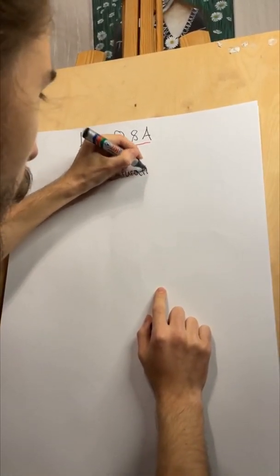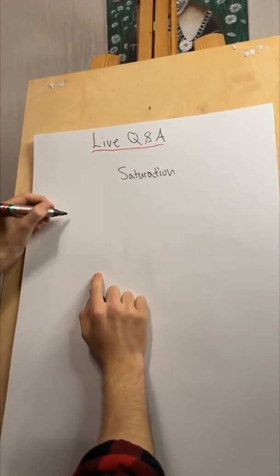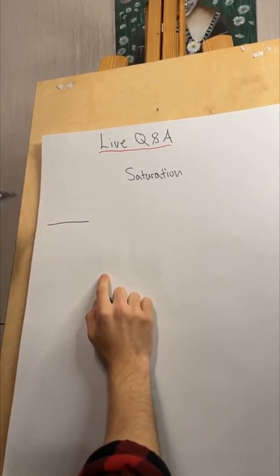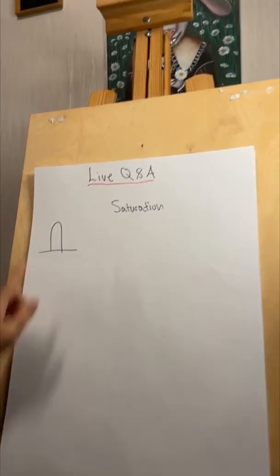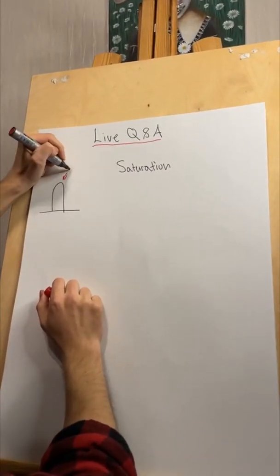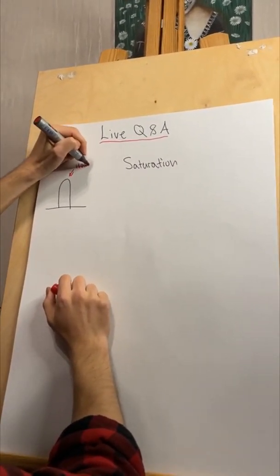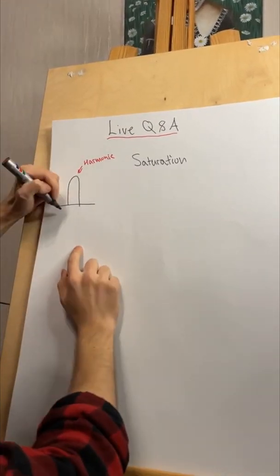Saturation. If you think, let's do it like this. This is going to be your main harmonic. Let's pretend that this is the harmonic, and this is a sine wave.